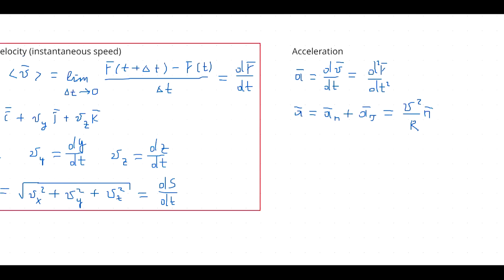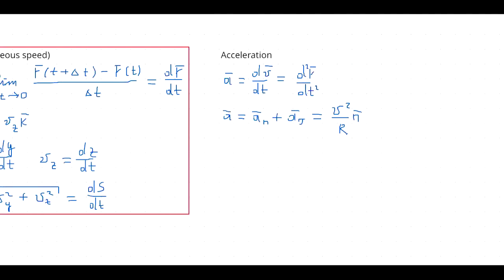I will show the picture to help you understand what the n vector is. And this is the first derivative of the absolute value of velocity by time, multiplied by tau.